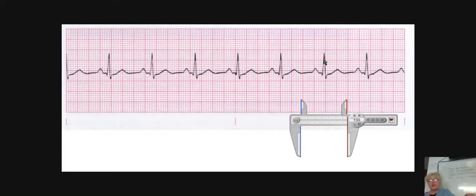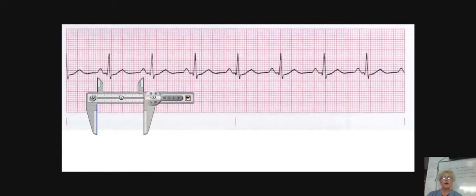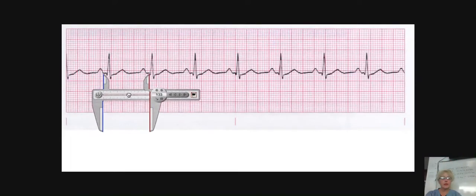So we're going to take our calipers and measure the QRS complex. Now the QRS complex should be between what? 0.08, which is what? 2 small squares, and 0.12, which is what? 3 small squares.